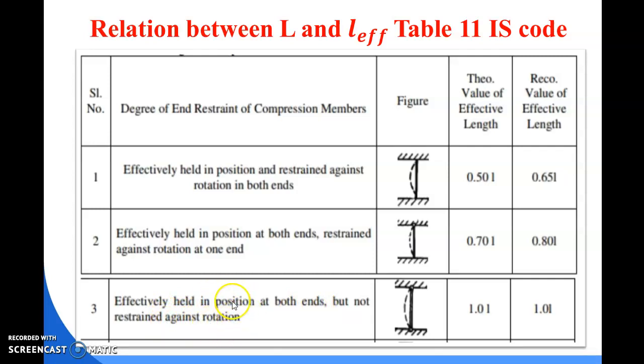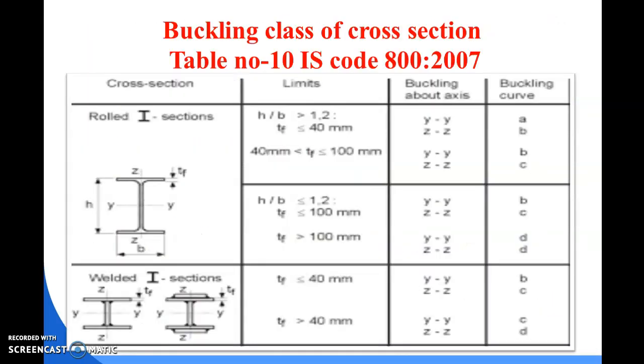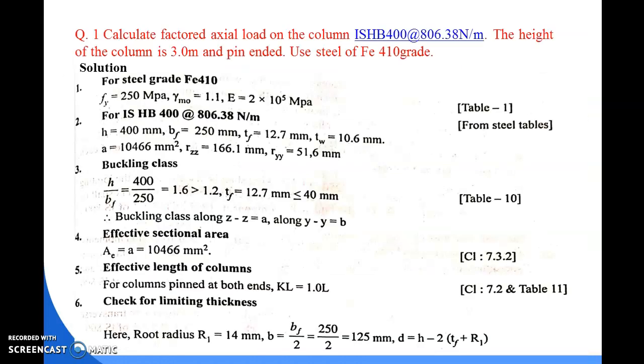So this is the condition applied for the calculation of effective length. For this condition, the value of effective length will be 1.0 L, that is 1 into the actual length of the column. So now we can find out the effective length of the column with the help of this formula, which is 1 into L.